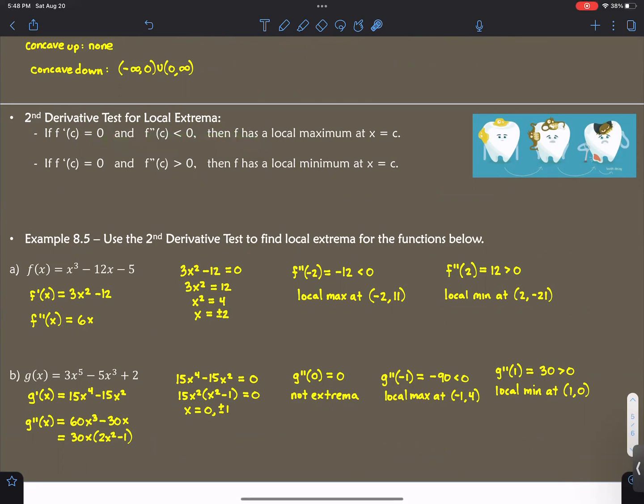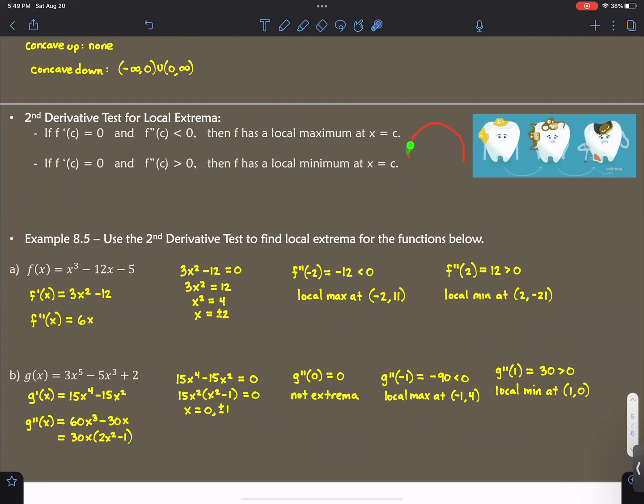Here are the rules. If your first derivative was 0 at a certain location, x equals c, the second derivative is negative. That's proof that you had a local max. Seems a little counterintuitive to say a value is negative corresponding to a max, but it actually makes sense, especially when you think about trying to draw a curve that has a slope of 0 and yet is concave down.